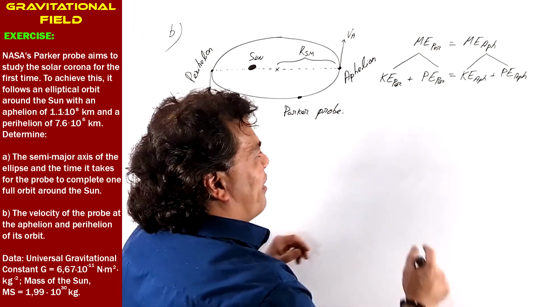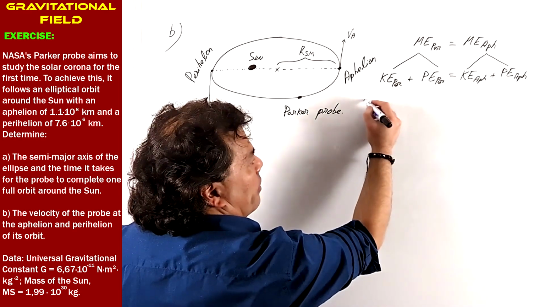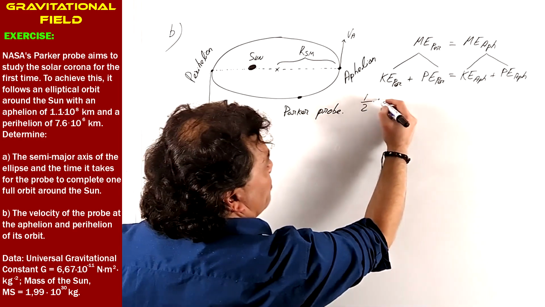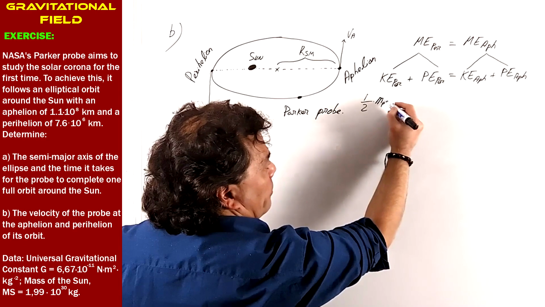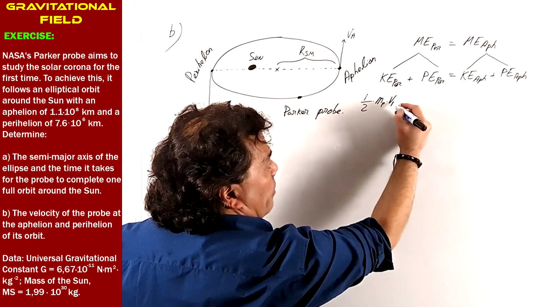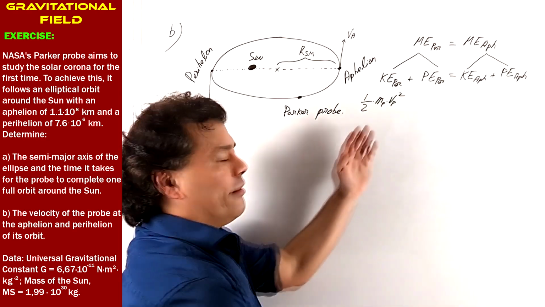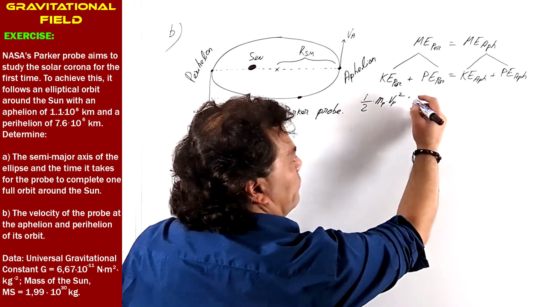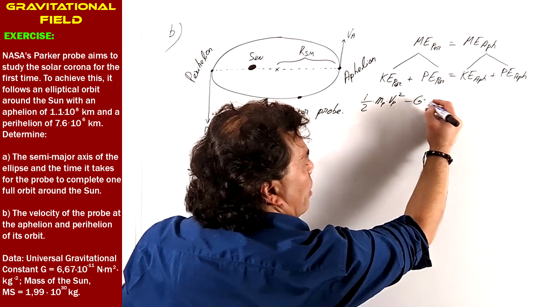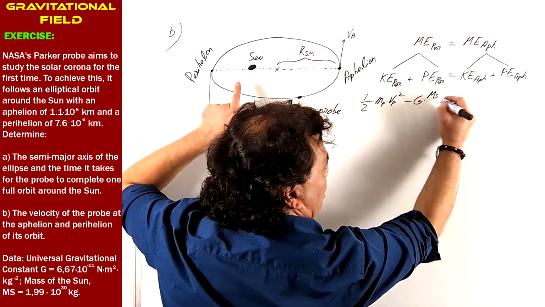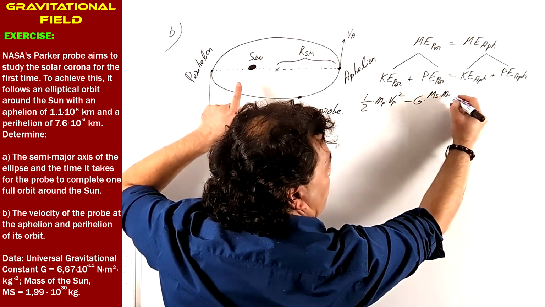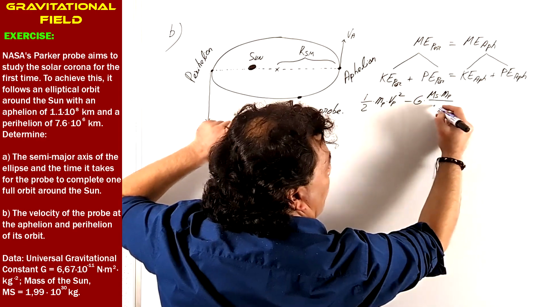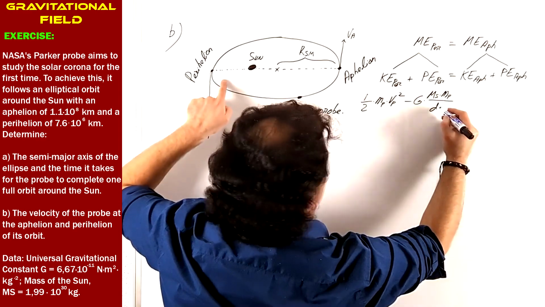Now let's say that kinetic energy is 1/2 times the mass of the probe, velocity at the perihelion squared, right? And the potential energy is -G, multiplying the mass of the Sun, multiplying the mass of the probe, divided by the distance to the perihelion.